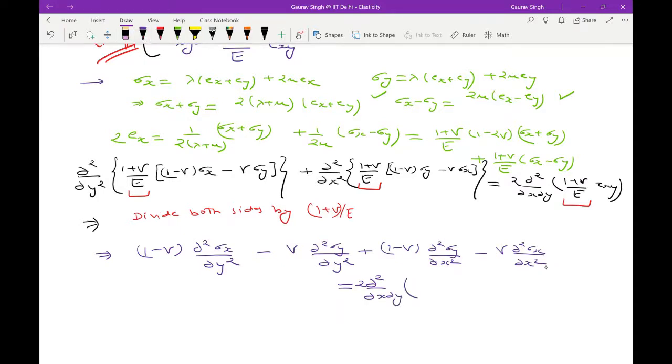Sorry, this should be written as 2 times ∂²/∂x∂y of tau xy.